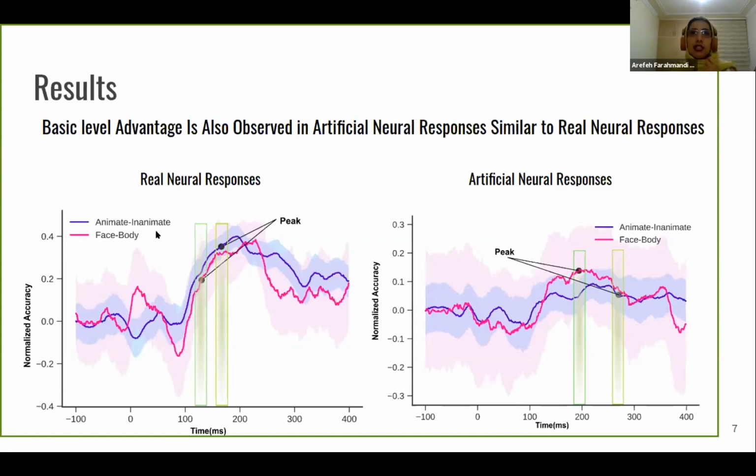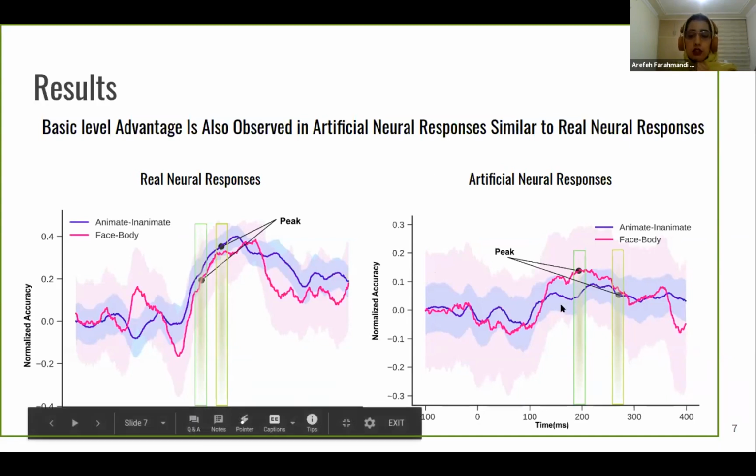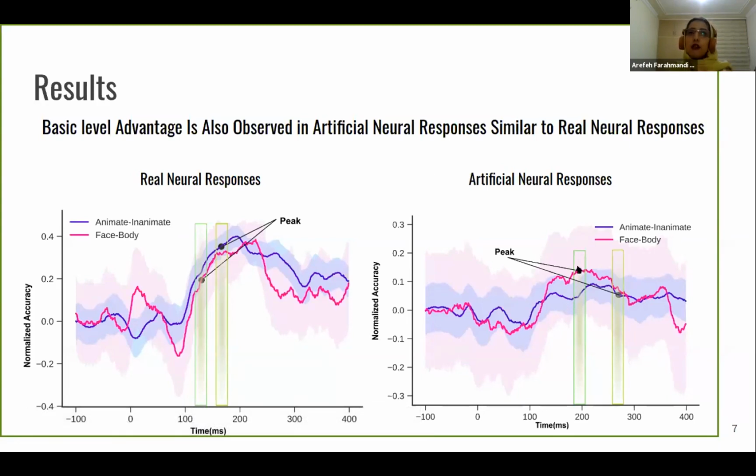So we anticipate that in our artificial neural response, the earlier phase is responsible for classifying the mid-level of our image.